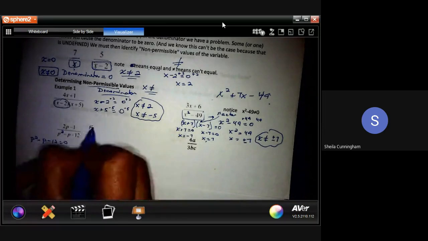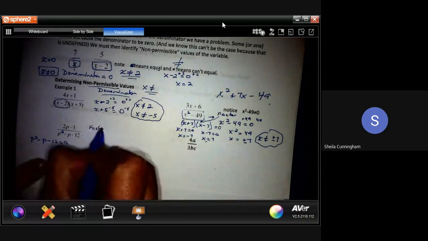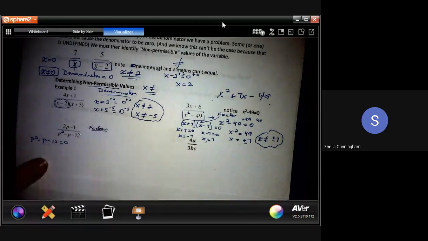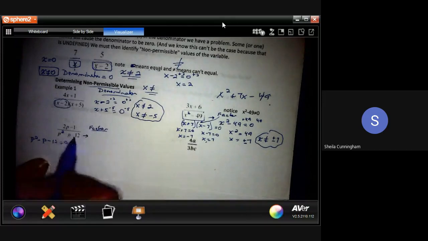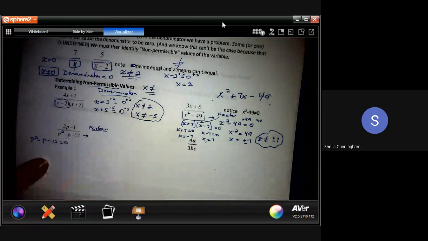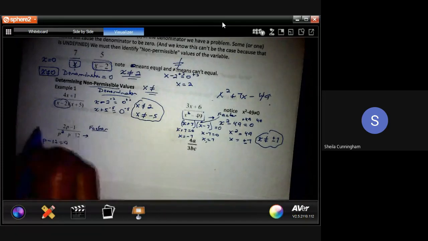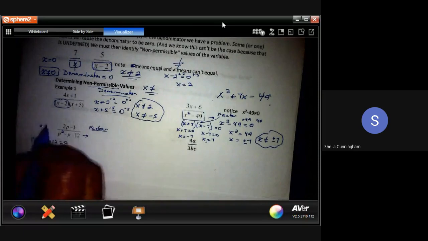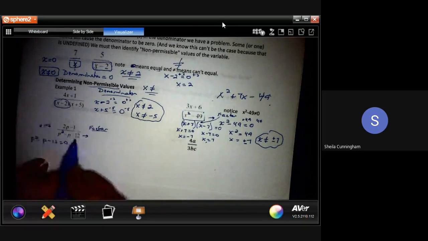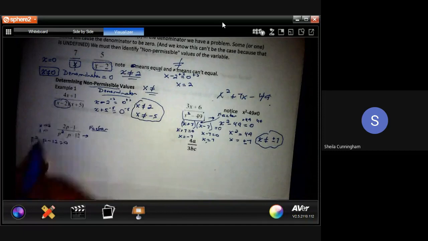So my suggestion for this: factor, factor, factor. Factor the bottom. This is going to be your little refresher course today. I am looking for two numbers that multiply out to negative 12 and add up to negative 1.